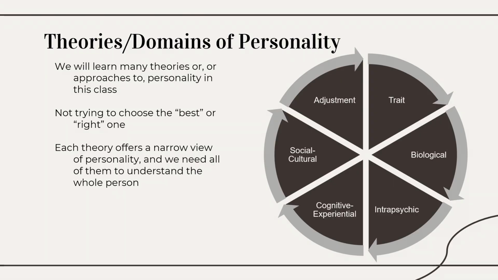For example, trait theories focus on stable characteristics, biological theories focus on genetics, intrapsychic theories focus on unconscious conflicts, cognitive theories focus on thoughts and perceptions, social cultural theories focus on society and environment, and adjustment approaches focus on psychological health and adaptation. Each perspective gives us a part of the whole picture.